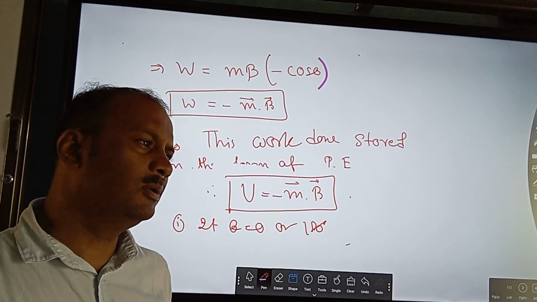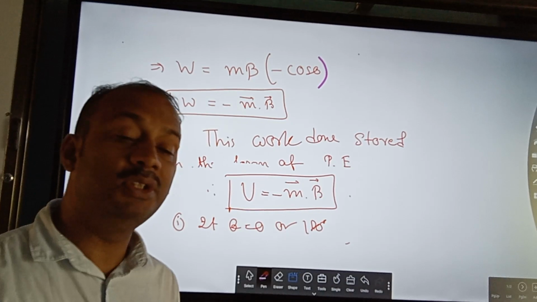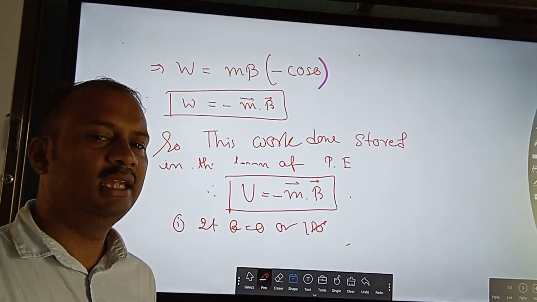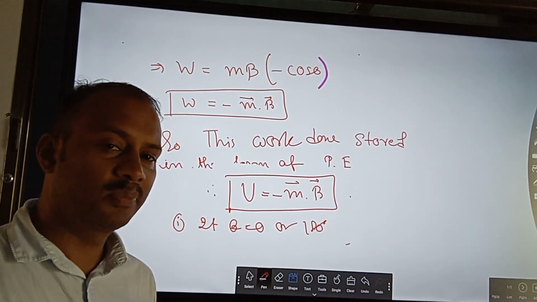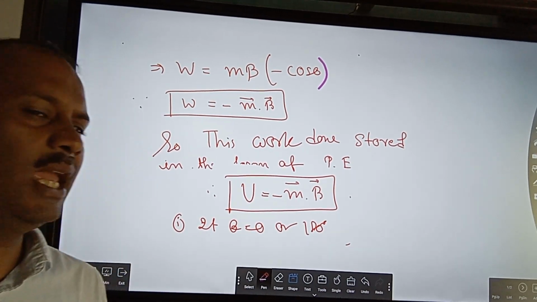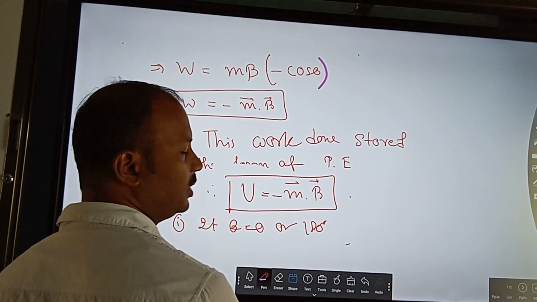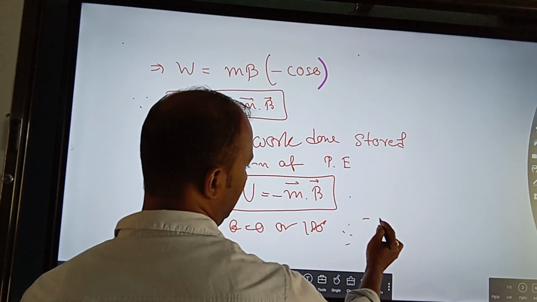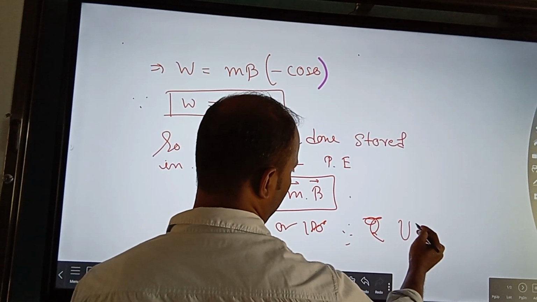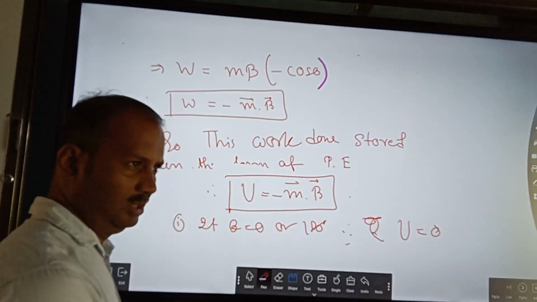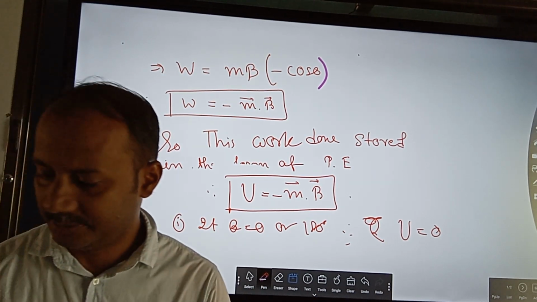We know that sin 0 is 0 and sin 180 is also 0. So when theta is 0 or 180 degree, then automatically the potential energy U will be 0.